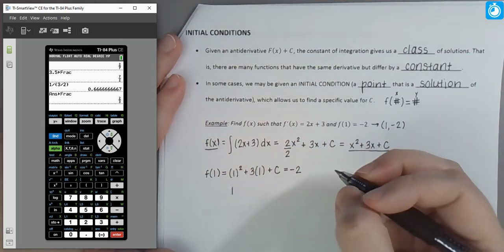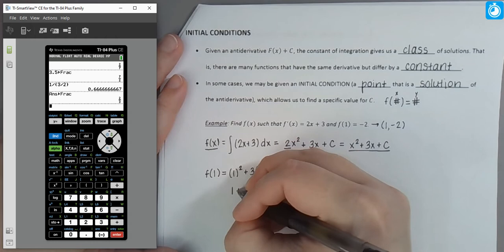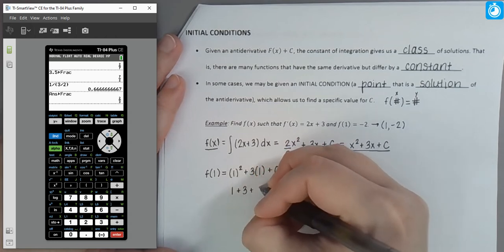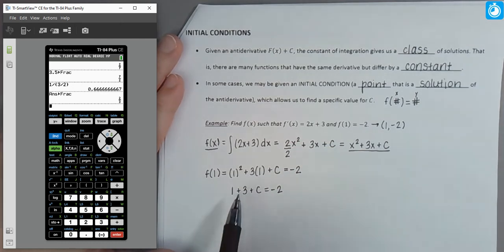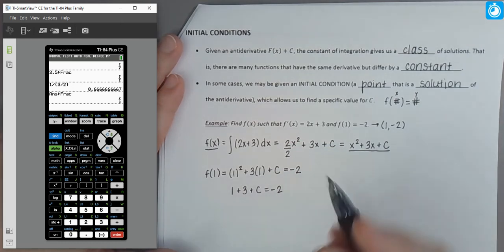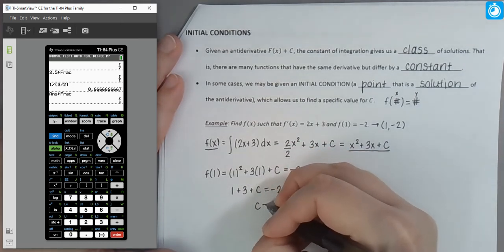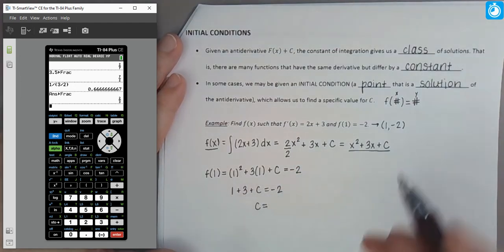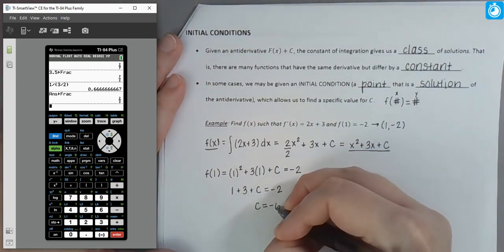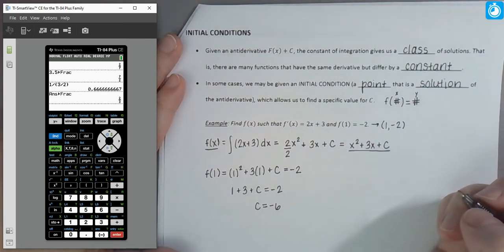So 1 squared is going to be 1. 3 times 1 is 3, plus c is equal to -2. And so if we move our 1 and our 3 to the other side, we're going to get our value for c. So subtract 1, that takes us to -3. Subtract 3, that takes us to -6.